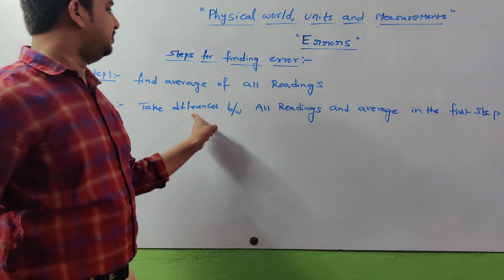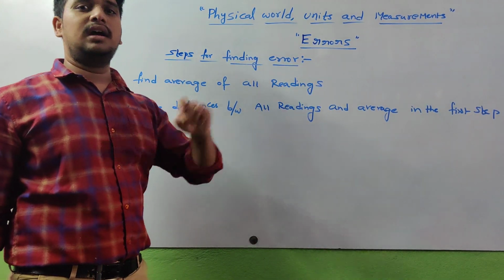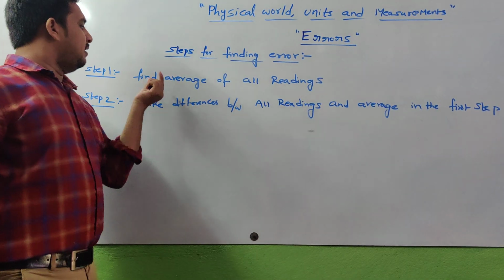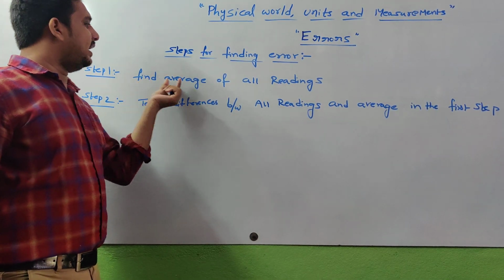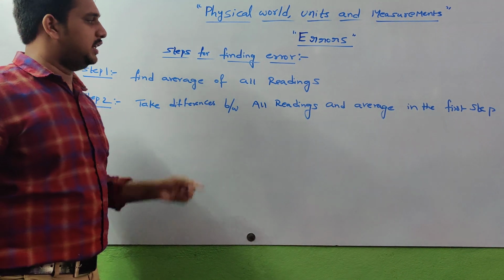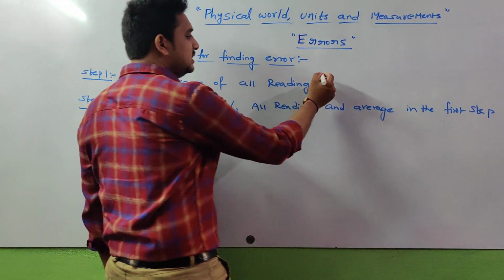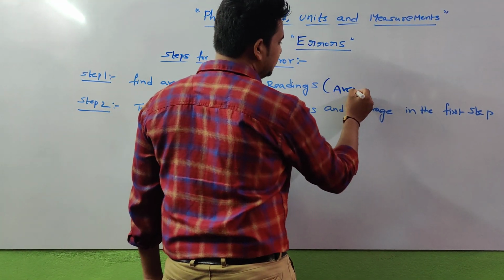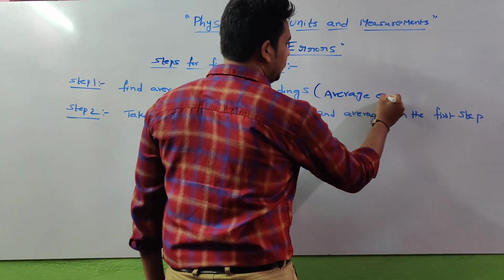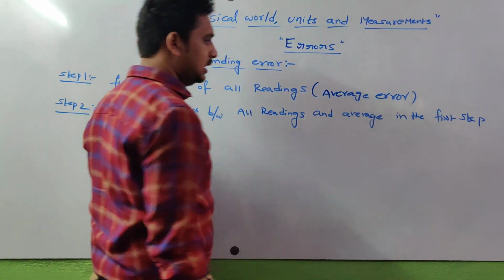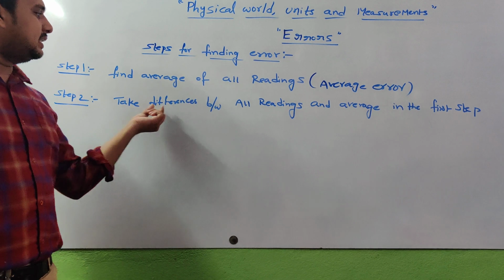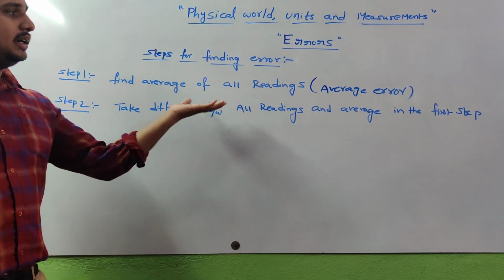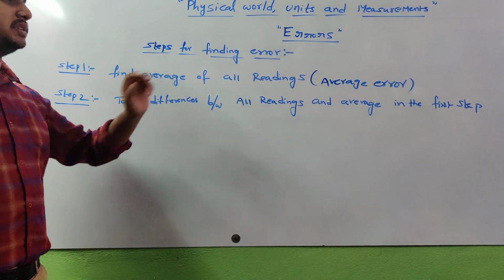The first step is to find the average of all readings. This is also called average error. Second step, take the differences between all readings and the average from the first step.